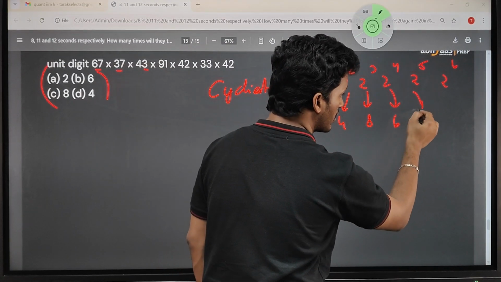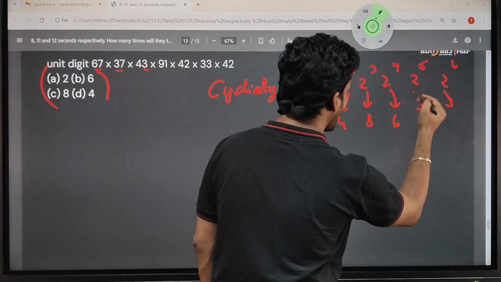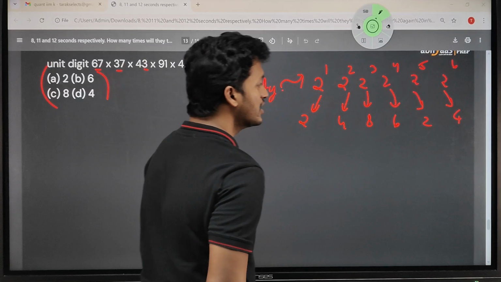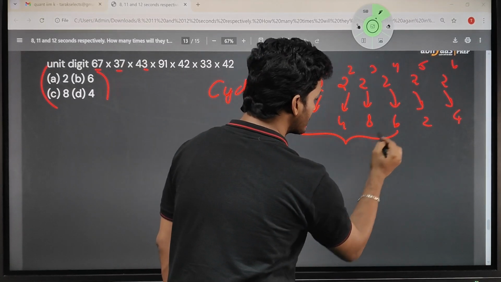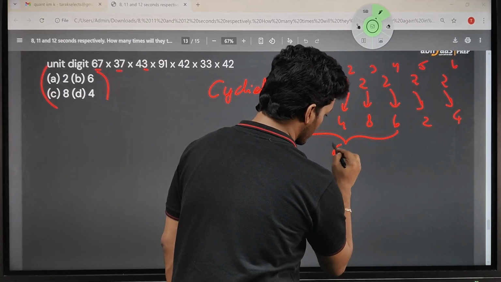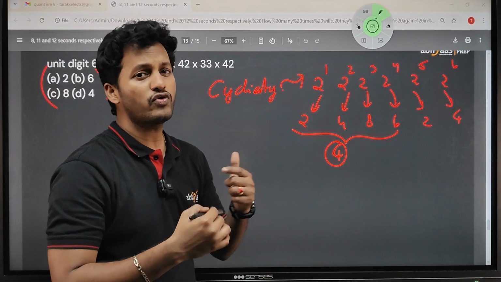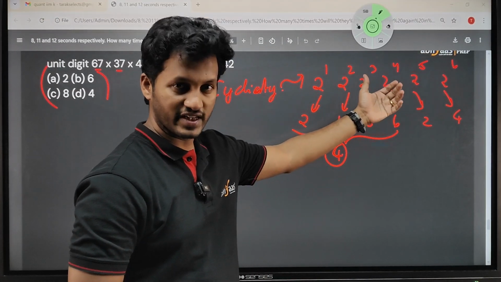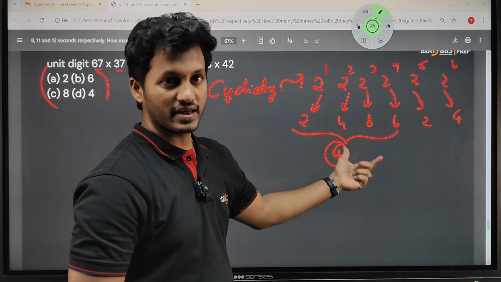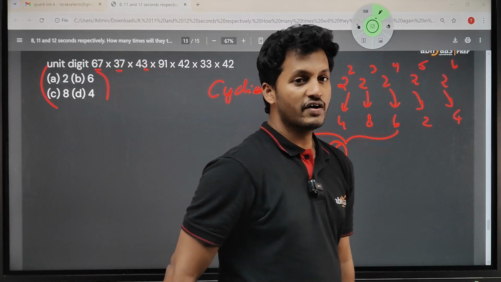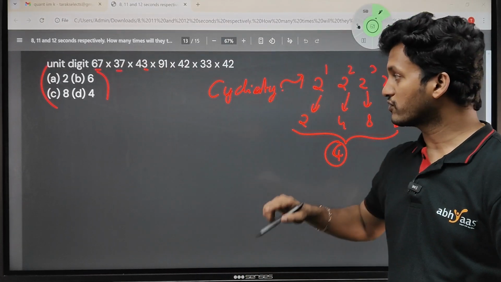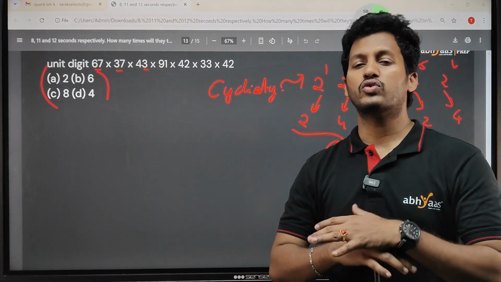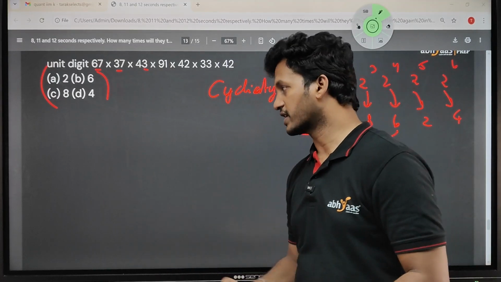It ends with 2 again, and 2 power 6 will be 4. So here the cyclicity, the periodicity, is 4. After every 4 exponents, the multiple of 4 in the exponent, it will be repeating. So this is cyclicity here. With this cyclicity we can get the unit digit without doing the full multiplication of different numbers.